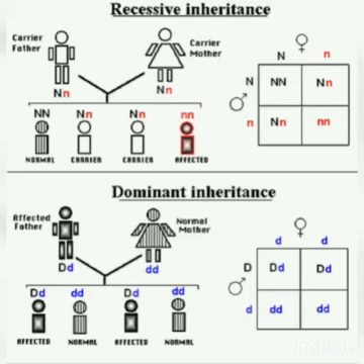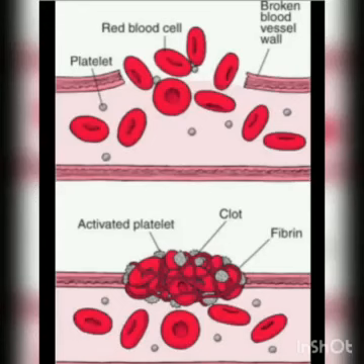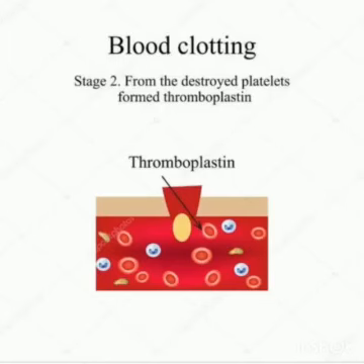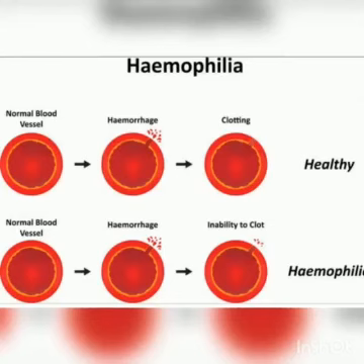A person with a recessive gene for hemophilia lacks a normal clotting substance. Normally our blood has a clotting substance called thromboplastin. Hence, minor injuries cause continuous bleeding, leading to death.